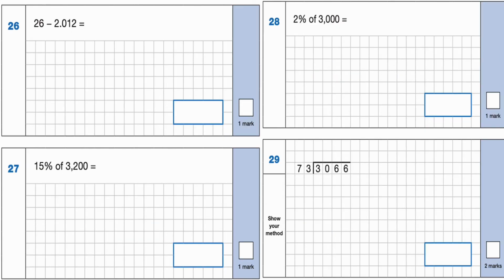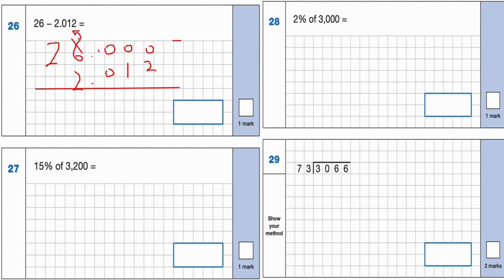Question 26, again, it's subtracting decimals, so writing it as 26.000, take away 2.012. So 0 take away 2 I can't do, so I've got to borrow off the first non-zero number, which is going to be the 6 here.